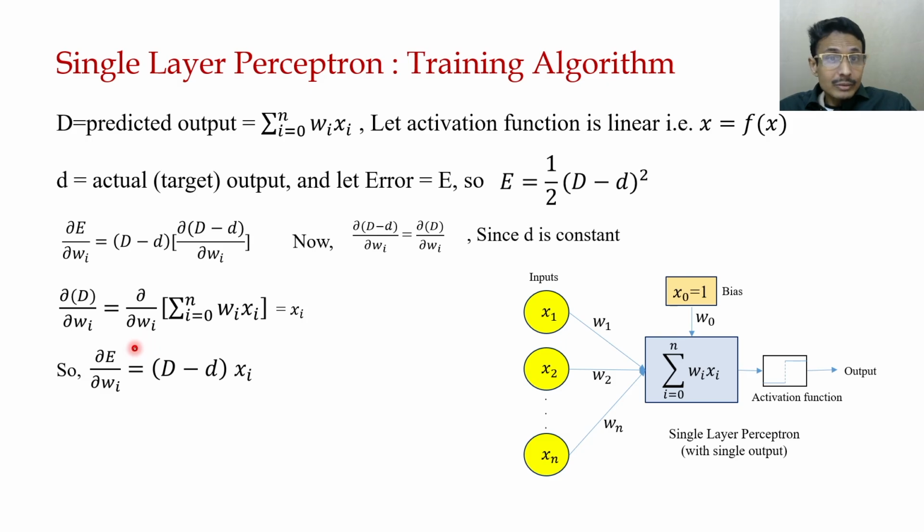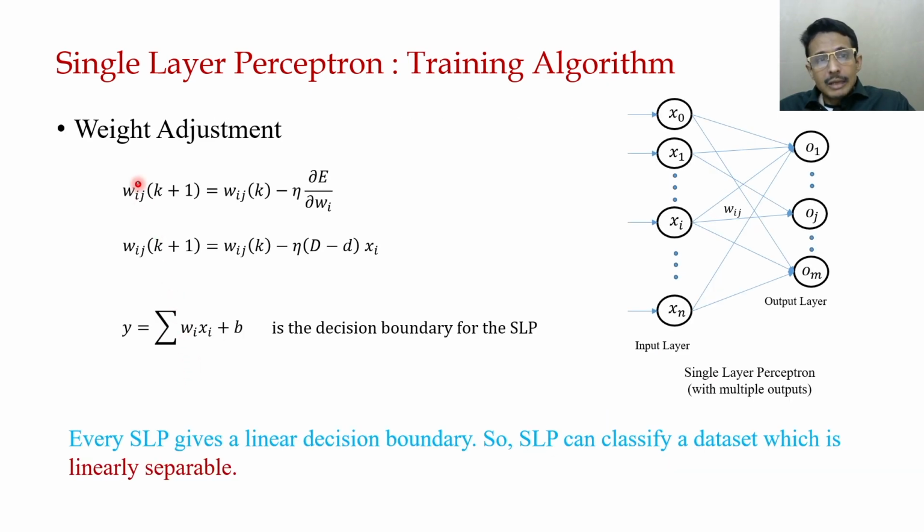Now, what is required to do? We have to find the wi so that the error is minimized, so we have to adjust the weights. From the kth iteration to the k plus 1 iteration, how is wij changed? Here ij means the ith neuron to the jth neuron.